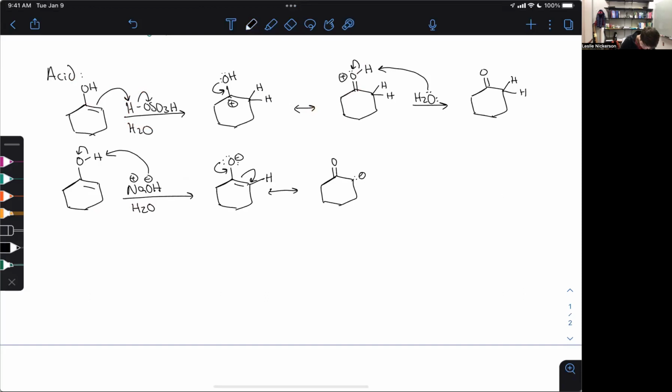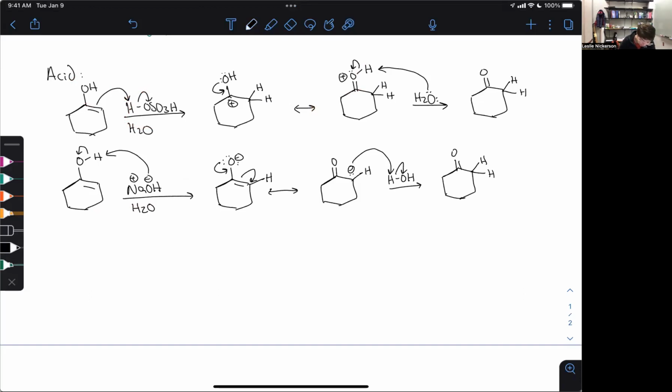I'm going to just draw that H in. Okay, and now that we have that carbon much, much more basic, we can go and deprotonate a water with it. And we get to the same product, okay?